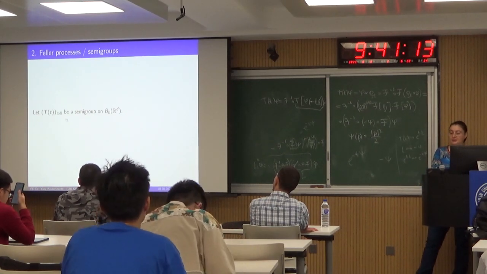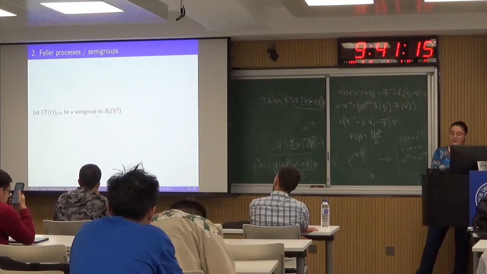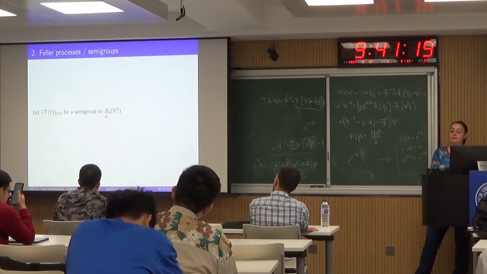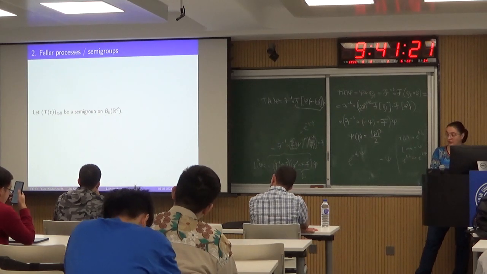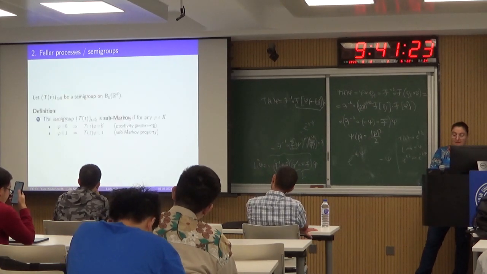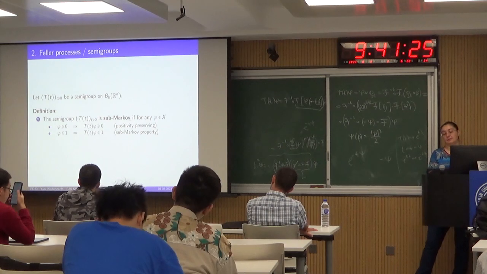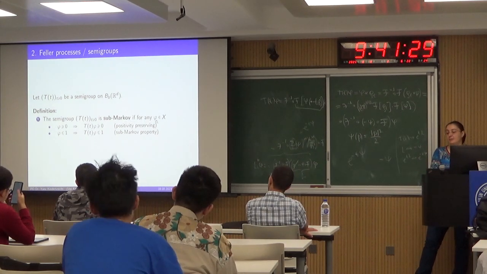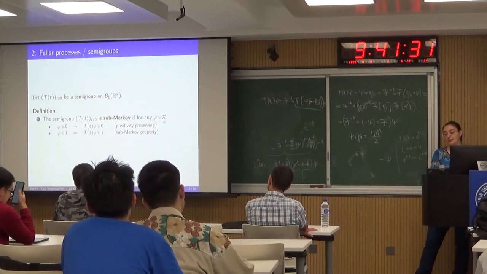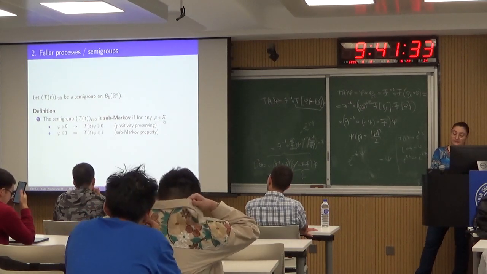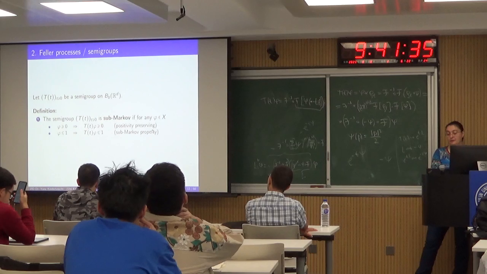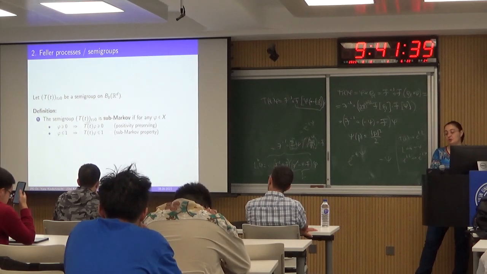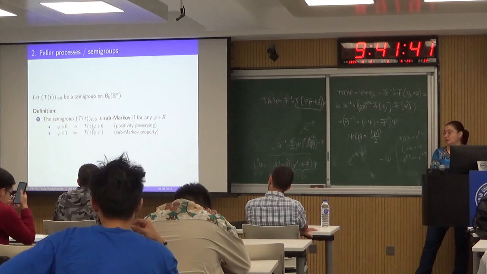Okay, so now let us consider a semigroup. Let Tt be a semigroup of operators on this bounded space of bounded Borel measurable functions from R^d. So first definition, the semigroup is called sub-Markov if for any element of our bounded space, the semigroup is positivity preserving, namely if it's a non-negative function, then after application of the semigroup we obtain again a non-negative function.